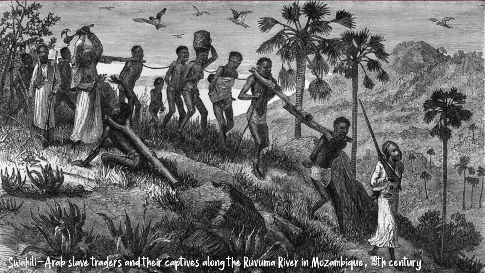Scholars actually estimate that over 4 million Africans were transported from sub-Saharan Africa to the Islamic Middle East before the transatlantic slave trade began in the 1500s. So over 4 million Africans were already being taken from Africa, just the sub-Sahara, to the Middle East. And that continued after the slave trade in the West began.